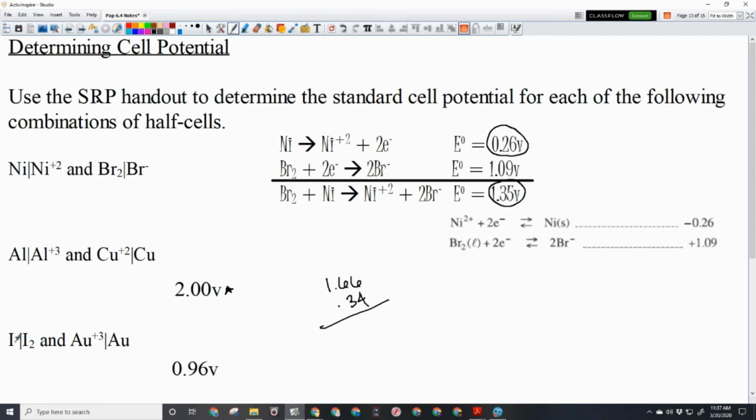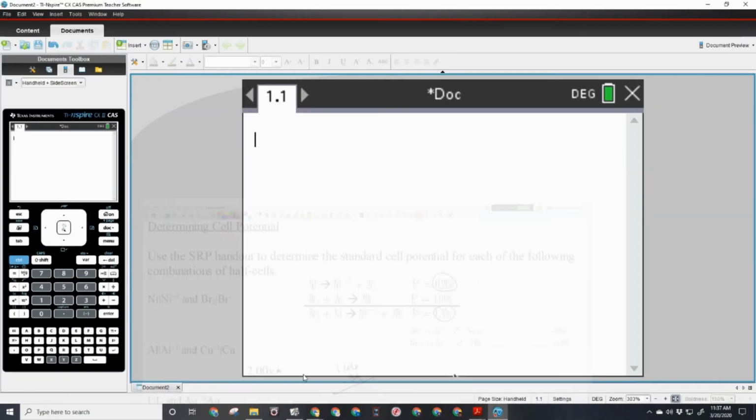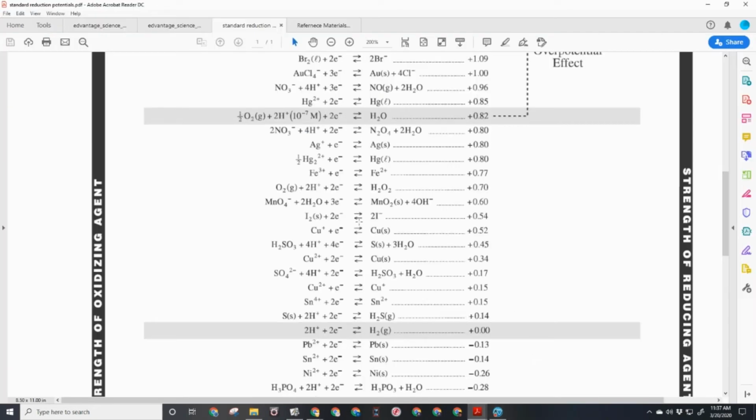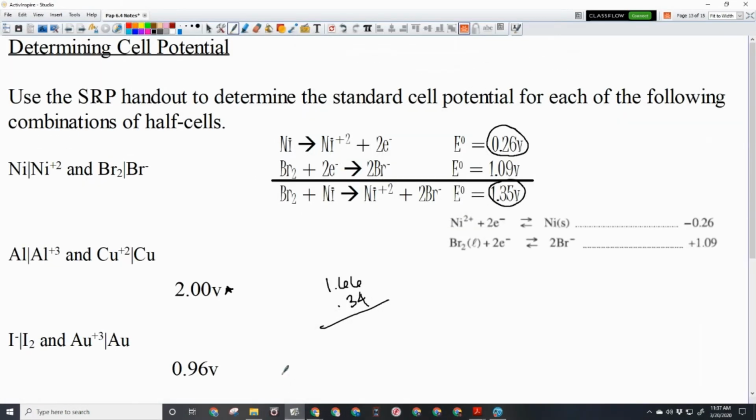So let's do this one. We want I -1 to I2. Right here, I -1 to I2. This is just balanced. So that shows a plus 0.54, but we're going from -1 to I2, so we want a negative 0.54 here.